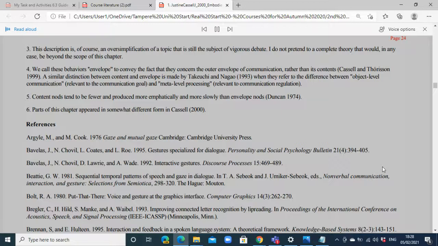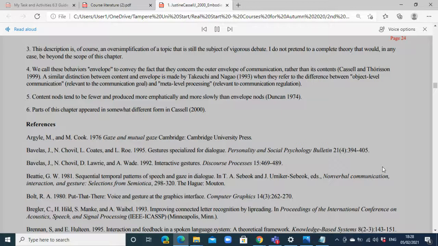8:143-151. Cassell, J. 2000. More Than Just Another Pretty Face, Embodied Conversational Interface Agents. Communications of the ACM. Forthcoming. Cassell, J. and S. Prevost. Embodied Natural Language Generation, a Framework for Generating Speech and Gesture.